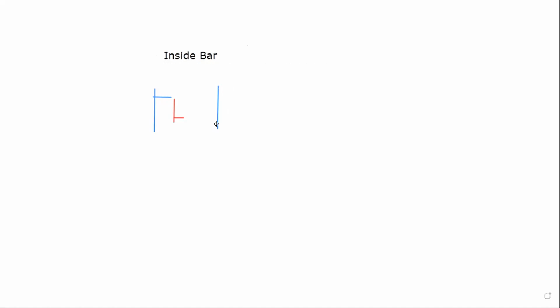This is again a bullish bar, and within this bar we have another bullish bar. So these both are inside bars. We call this one an inside bar, and this one an inside bar.